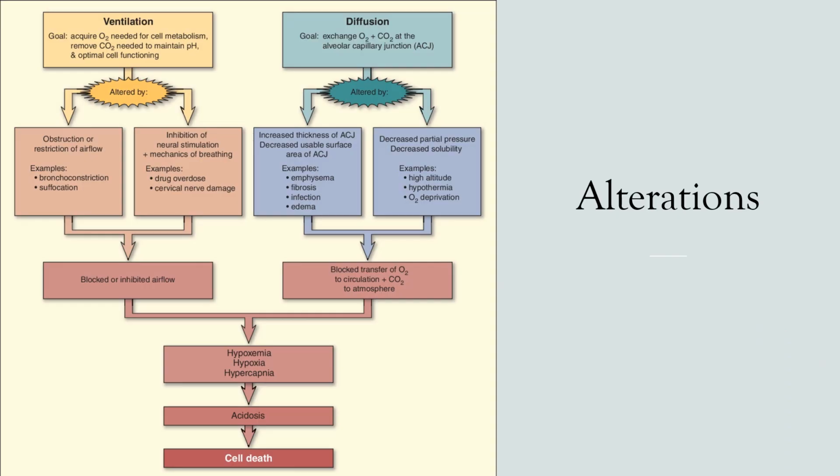This flow diagram is a great tool to help you see how we break down these different causes of alterations in pulmonary function. So often a patient comes in to see us through the ER or clinic, or whichever way they come and meet us in the healthcare setting.